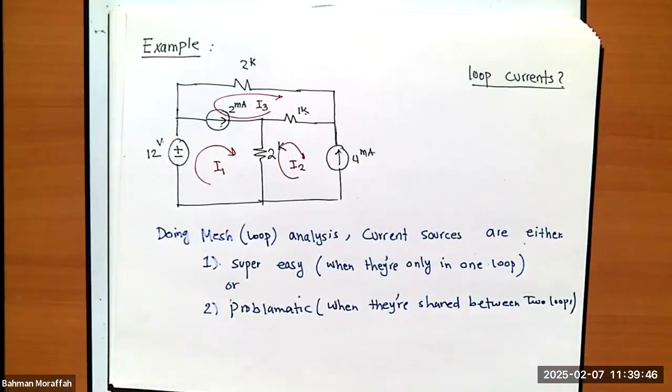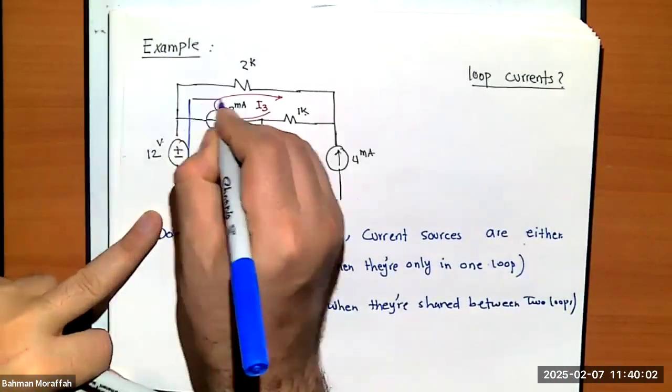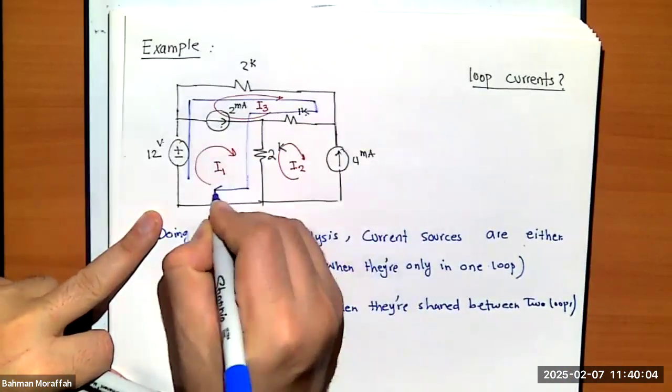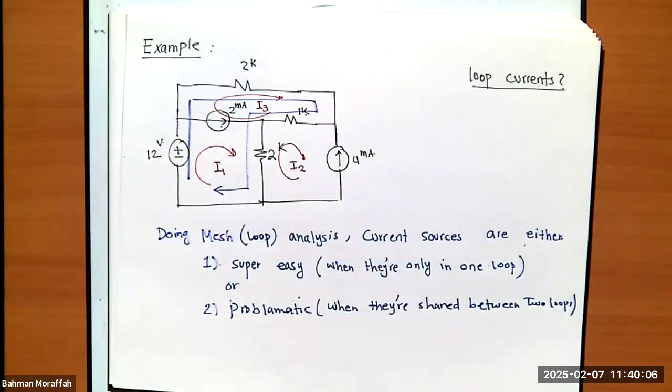In nodal analysis, we said it was problematic. Then the idea was to get around it and form a supernode. Over here, we're going to get around it and basically go around here. And we call it a super loop. Very innovative, very creative, right?